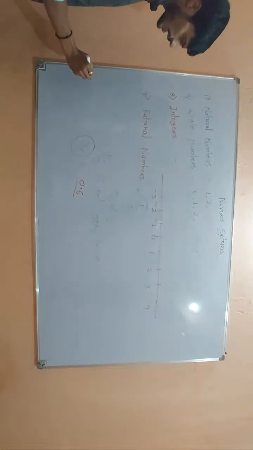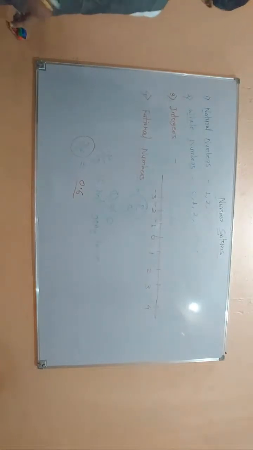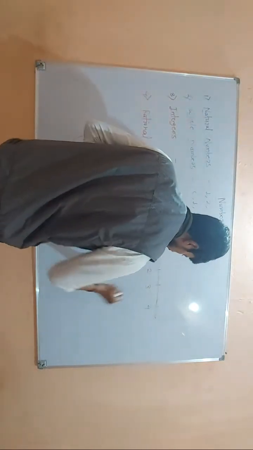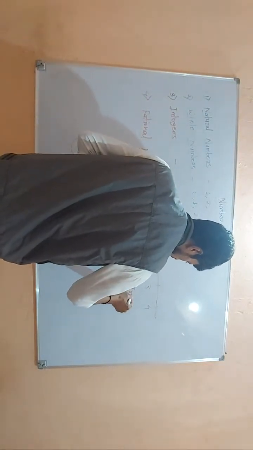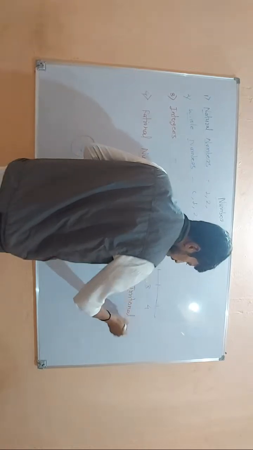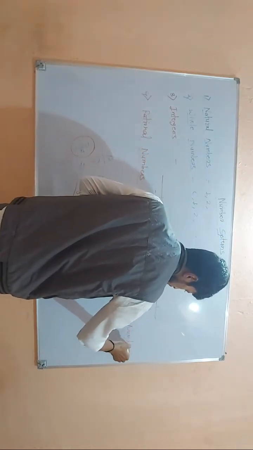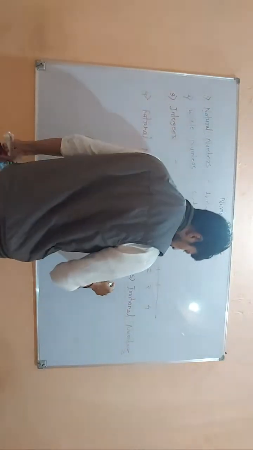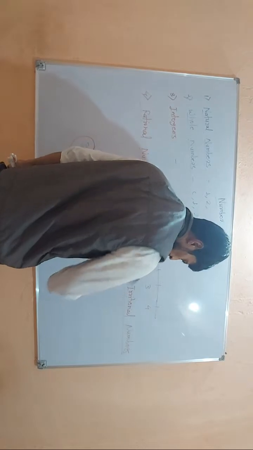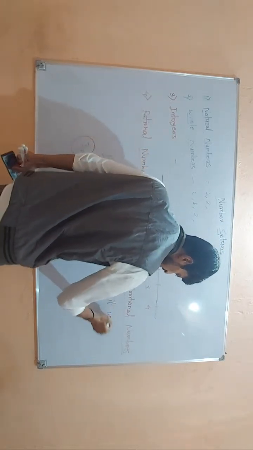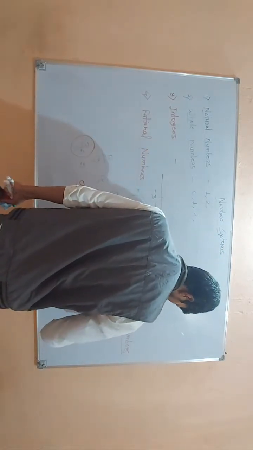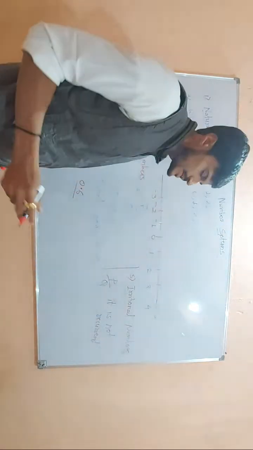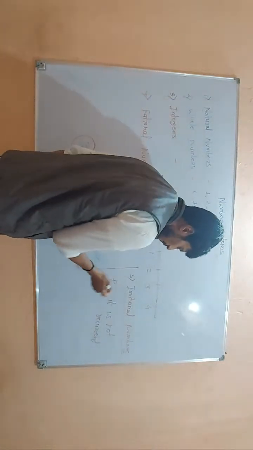Then the fifth one, irrational numbers. So what is an irrational number, guys? If you take p divided by q, then it is not recurring.